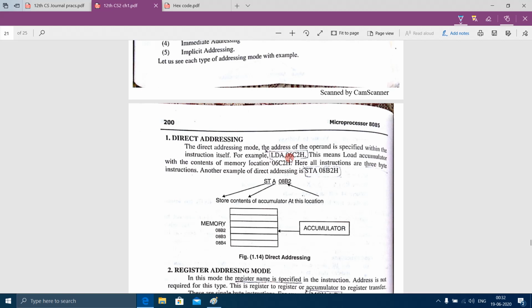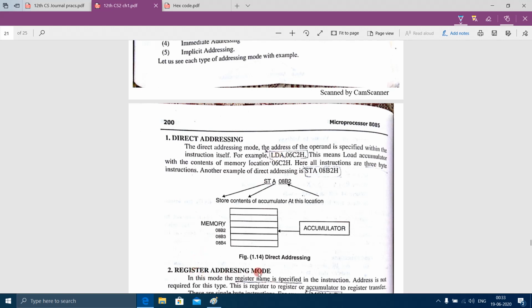How is the data addressed? By specifying the address within the instruction. So this is direct addressing. How data is addressed by the instruction classifies the instructions into different addressing modes.